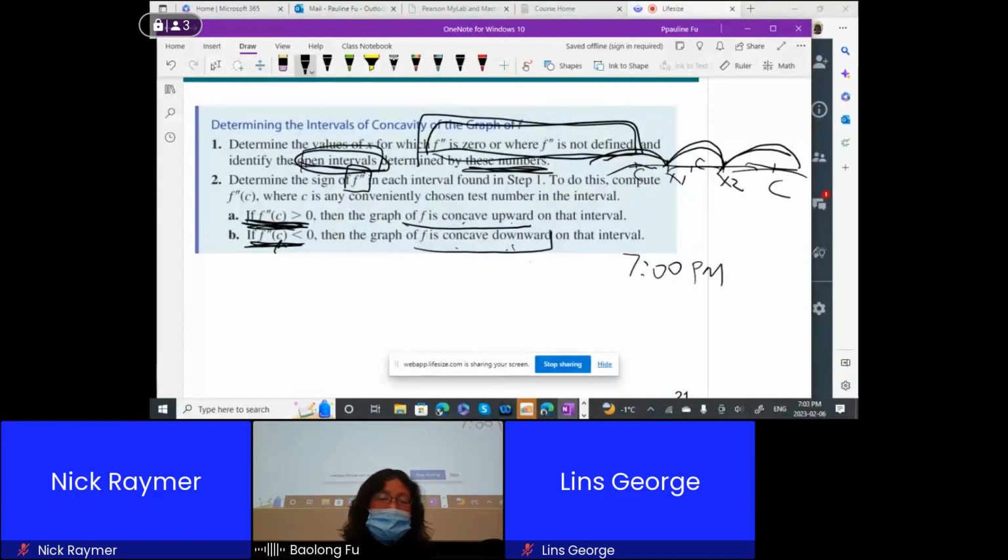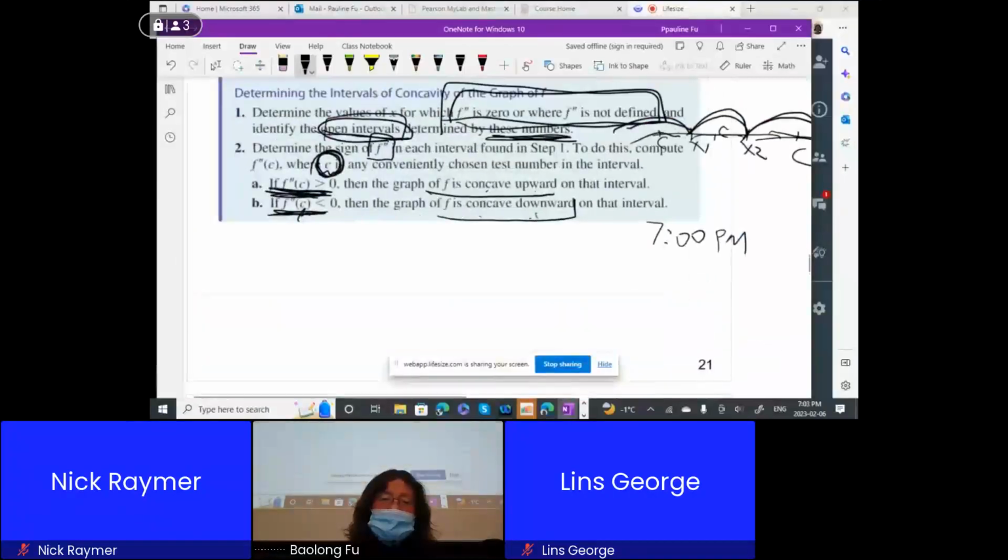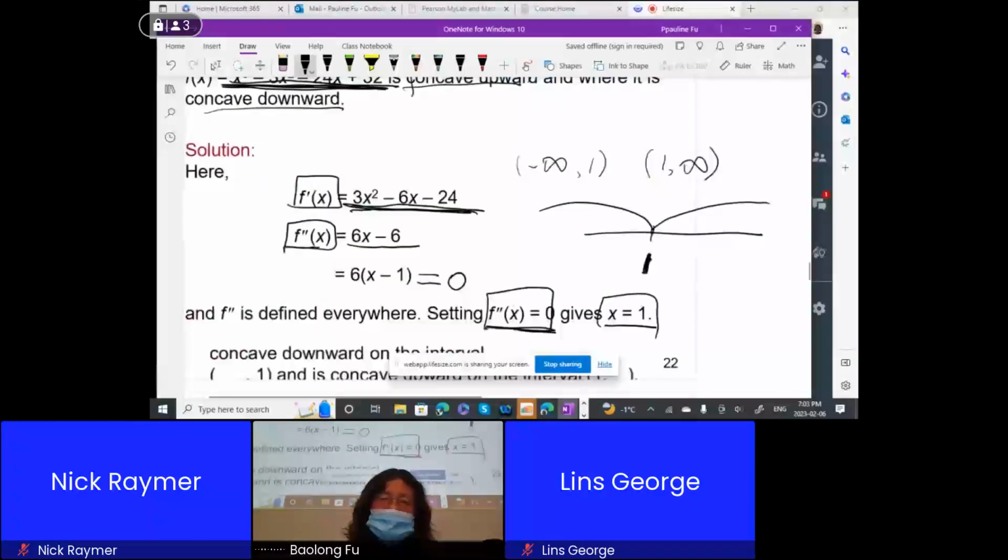And to do that, we have to pick a point C. And how do I know where C is coming from? Which one is C? Pick any point as a C in the first interval, negative infinity to 1. And pick any C in the other interval, 1 to infinity.